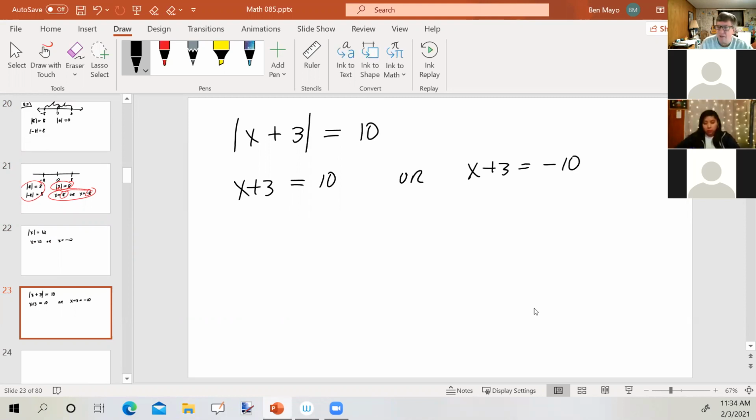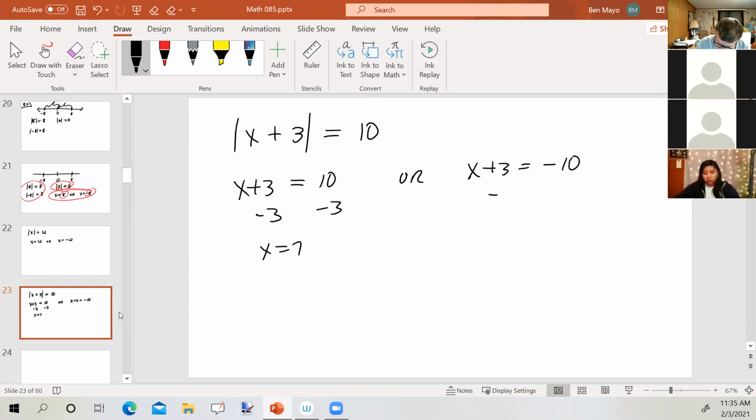But now these equations aren't already solved for x. So let's go back and actually solve them for x. The first equation, if we subtract 3 from both sides, we get x equals 7. The second equation, if we subtract 3 from both sides, we get x equals -13.